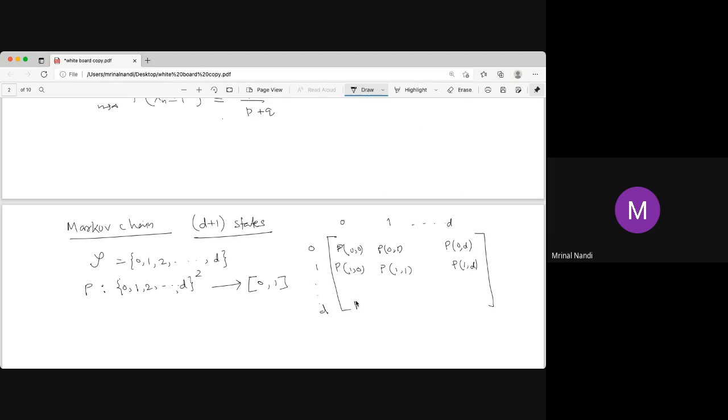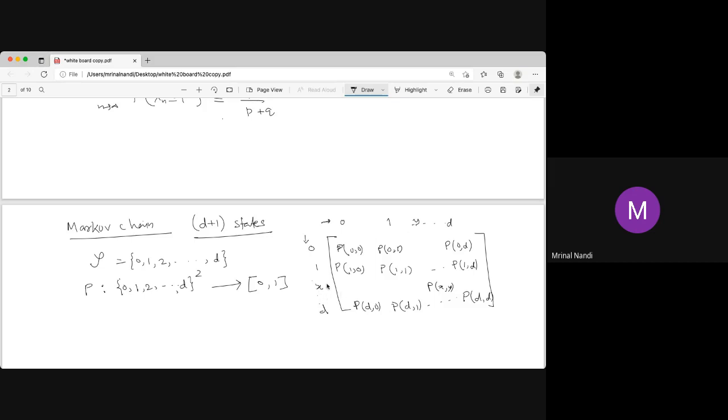The last row is Pd0, Pd1, up to Pdd. The row side is the starting state and the column side is the terminal state, so Pxy is from x to y.